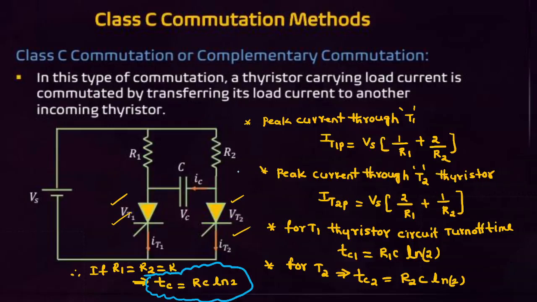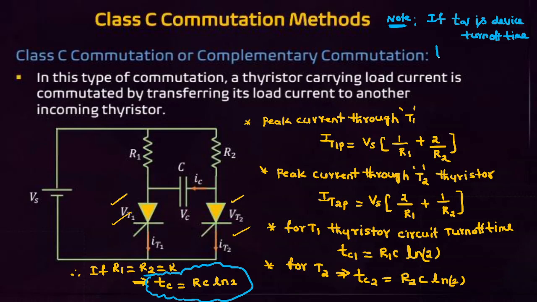But sometimes they don't give the circuit turn off time directly; they will give the device turn off time. This is a note point: for all the commutation methods, this formula is applicable. TQ is the device turn off time, which I already explained in switching characteristics, turn off characteristics.